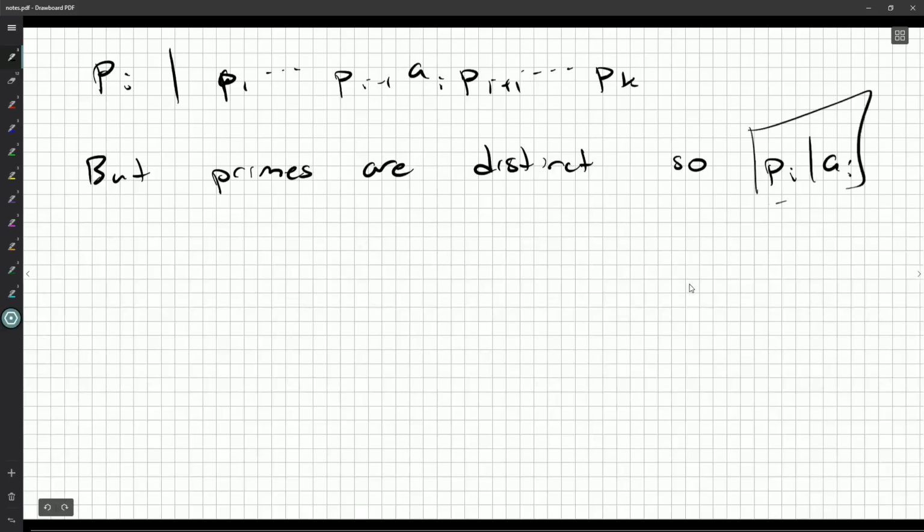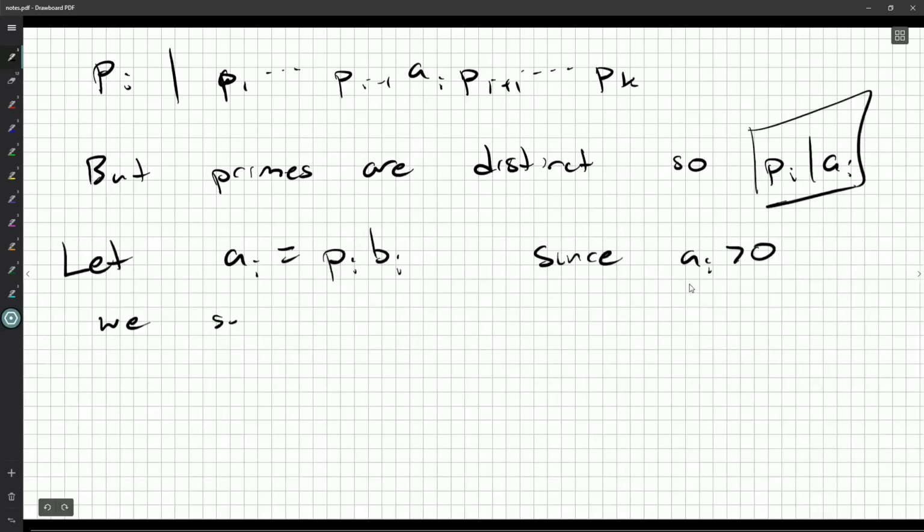But I've got this. So now I'm going to say let AI equal PI BI. And since AI is positive, we see each of the BIs is positive. Okay. 3 is equal to B1 plus B2 plus all the way up to BK.